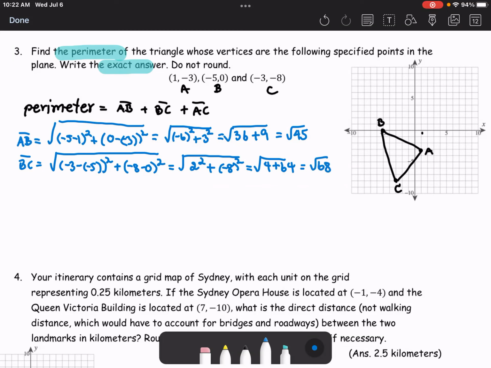And then the last side, which is the side AC. A and C, square root of the difference of the first coordinates squared, plus the difference of the second coordinates squared.